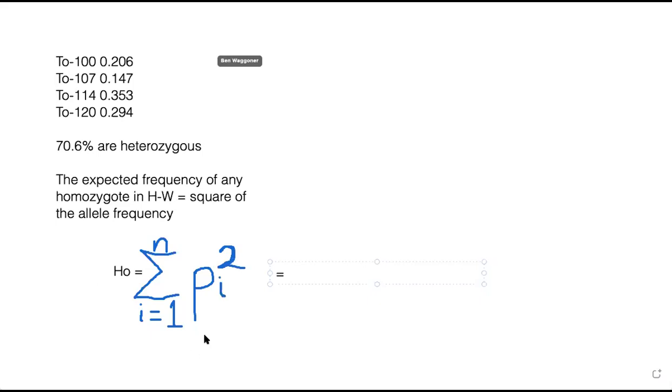So what I get is 0.206 times 0.206 plus 0.147 times 0.147 plus 0.353 times 0.353 plus 0.294 times 0.294 equals 0.275.